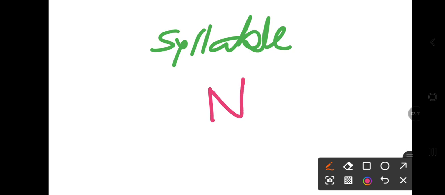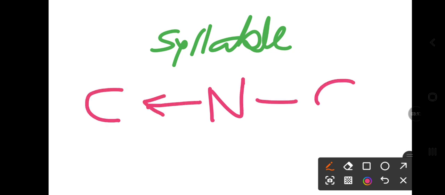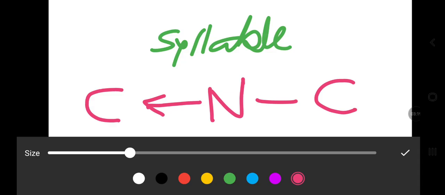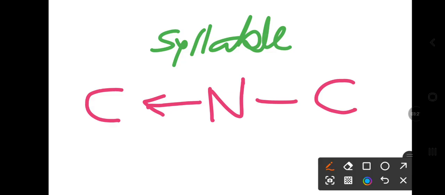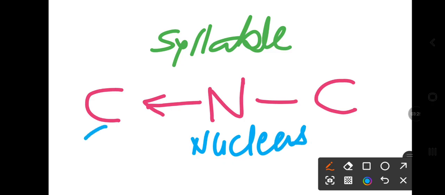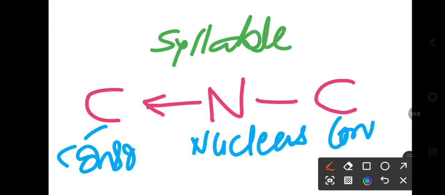This is the nucleus, and here a consonant, and this is a consonant. So this is the nucleus, and these are the consonants. Right?